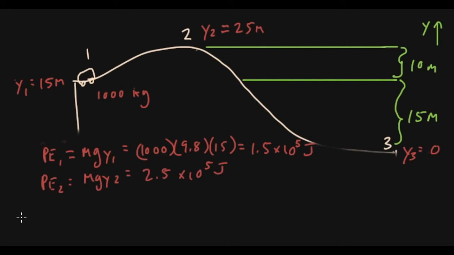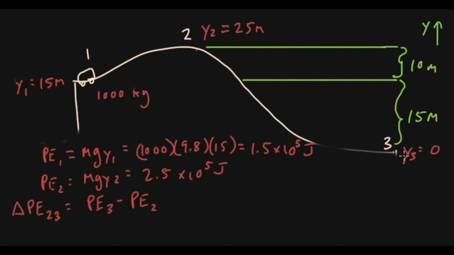And at y2, okay, so now we're going to do the same question again. What is the change in potential energy going from 2 to 3? Okay, so we're going to do what we did before. It means we started here and we go to position 3, okay? Well, at position 2, we have this amount of potential energy.